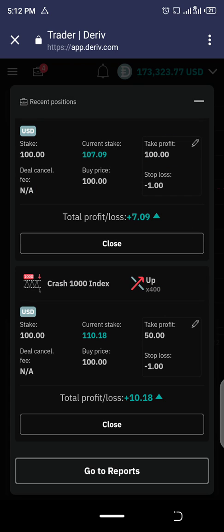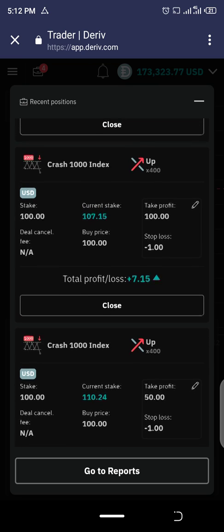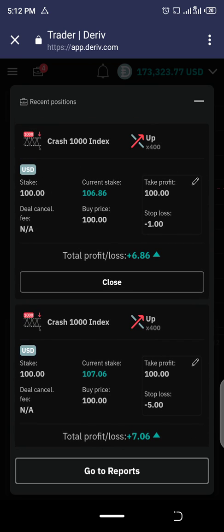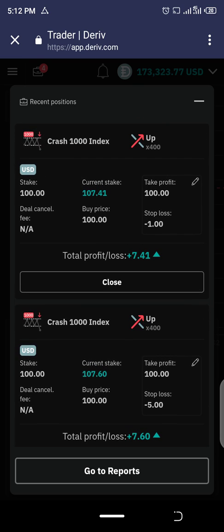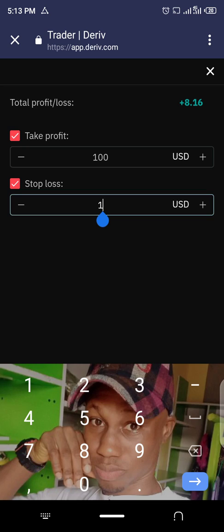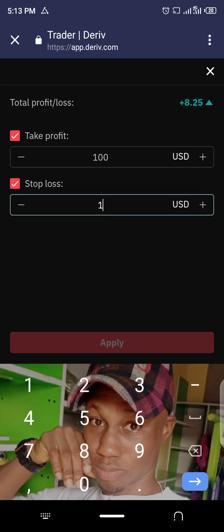50 is okay. So unlike the MT5, where you can use the trailing stop to be adjusting the profit, like you can be adjusting your take profits, whenever the market crashes, even if it hits the stop loss, it can help your trade.